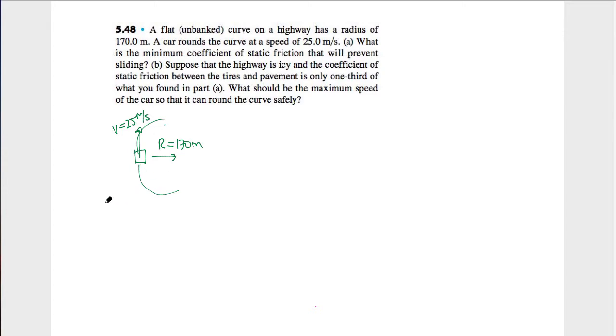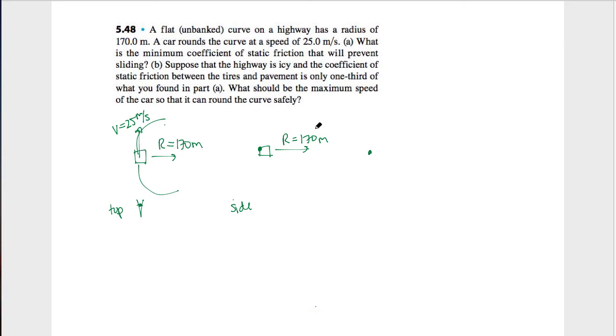This is my top-down view. I'm going to now look at it from the side. I have a car, there is some radius, 170 meters, and I have some velocity into the page. I'm turning. My free body diagram is actually more from down here on the bottom, like an eyeball looking up.